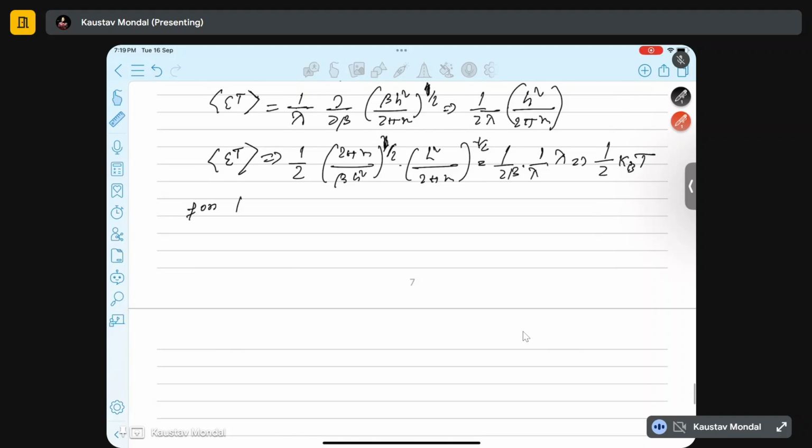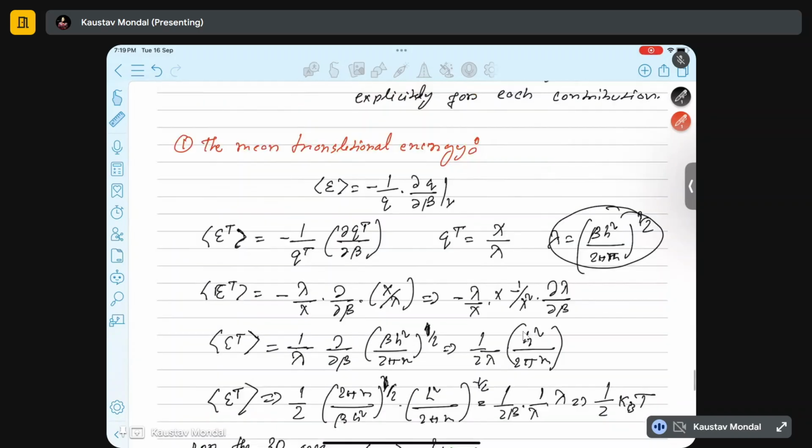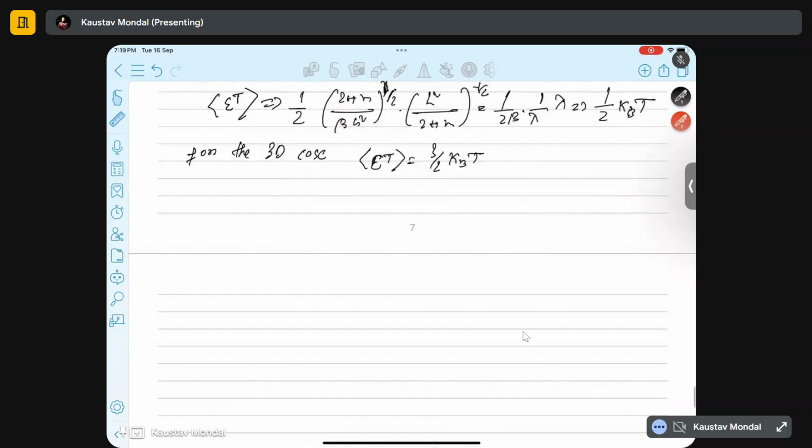So for the 3D case, E_t would be simply 3 by 2 k_B T, right? And this basically matches our classical result of mean translational energy from the kinetic theory of gases, which also gives you 3 by 2 k_B T for a 3D gas, right?